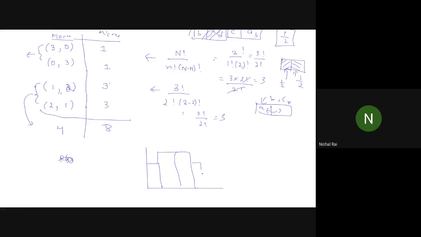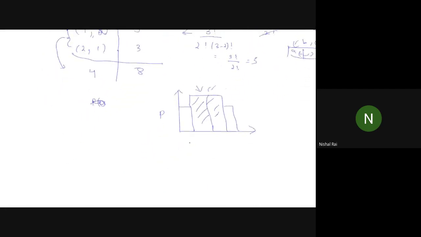For the binomial distribution, these two in between have the highest probability, so those are the most favorable macrostates, but all the microstates are equally favorable.